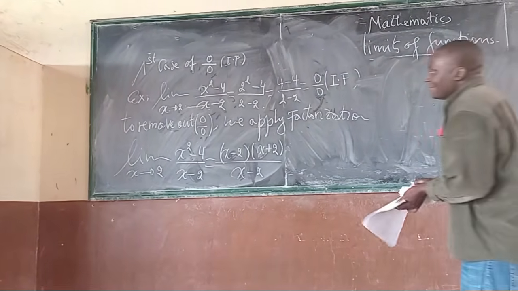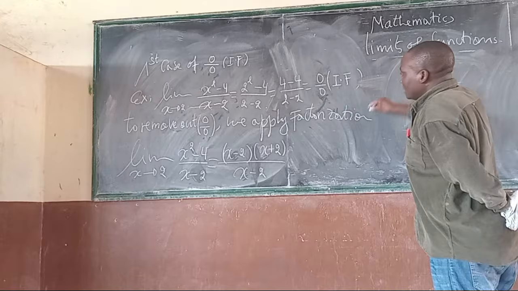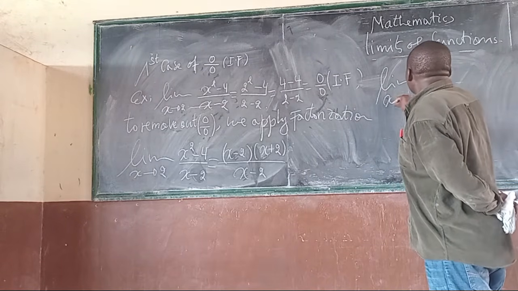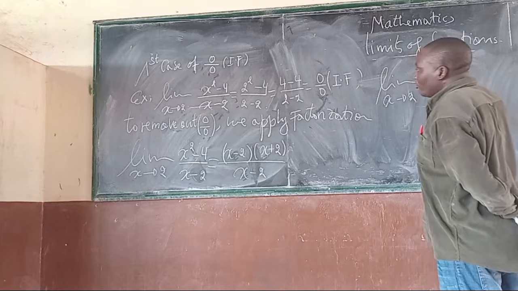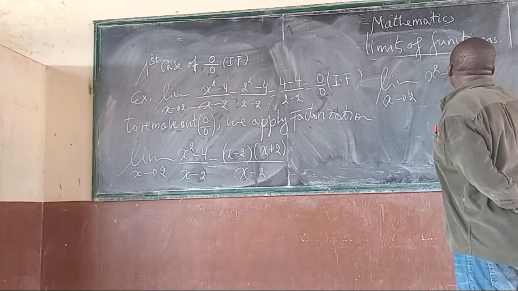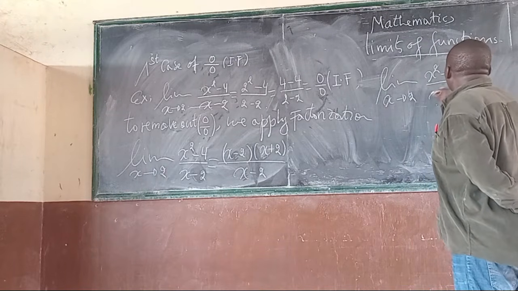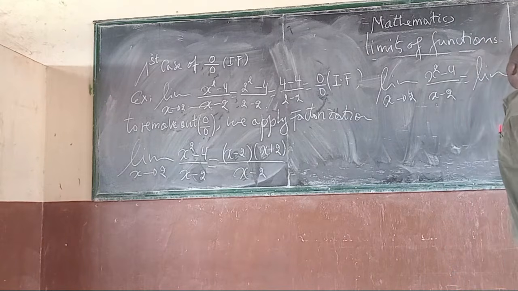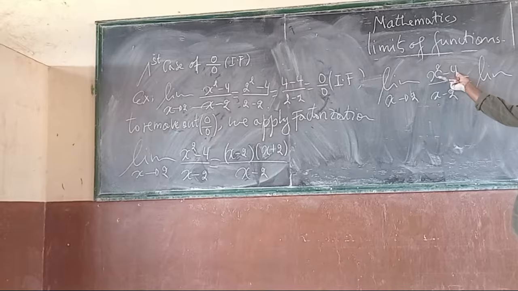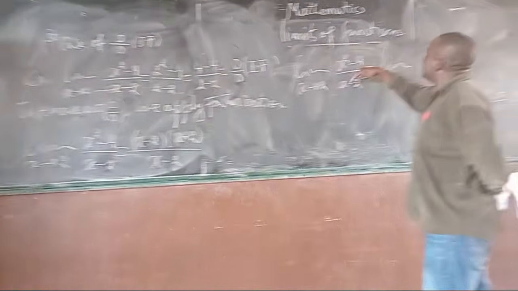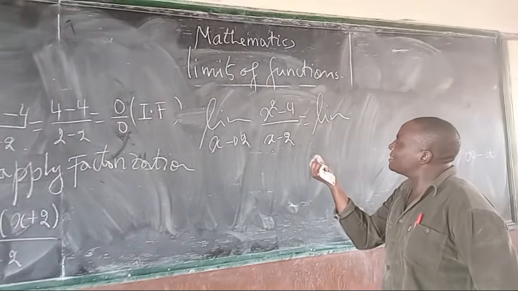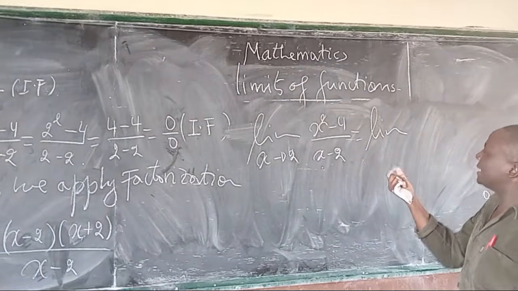As you see, my given function becomes this one. Then the limit where x approaches 2 of x square negative 4 out of x negative 2 is the same as the limit. Then I decompose my given big factor into the small factors.